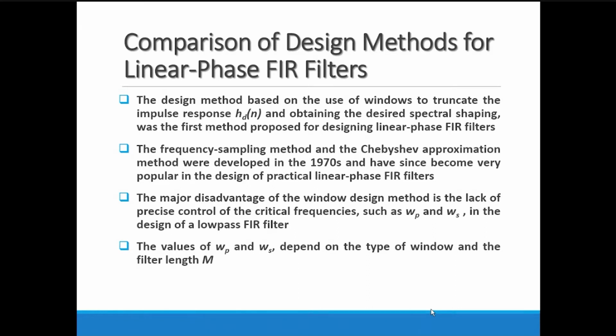They try to approximate the desired response in such a way that the error will be reduced. The only thing about the Chebyshev approximation is that four different cases and their equations are given. Okay, and it is also known as equiripple filter design. Equiripple means they try to manage the ripple in such a way that the error between the desired response and actual response will be minimized.